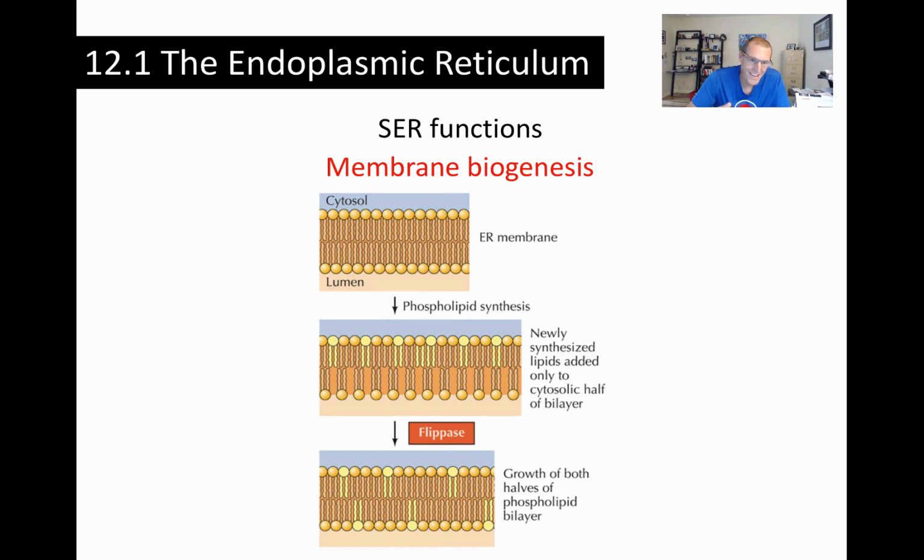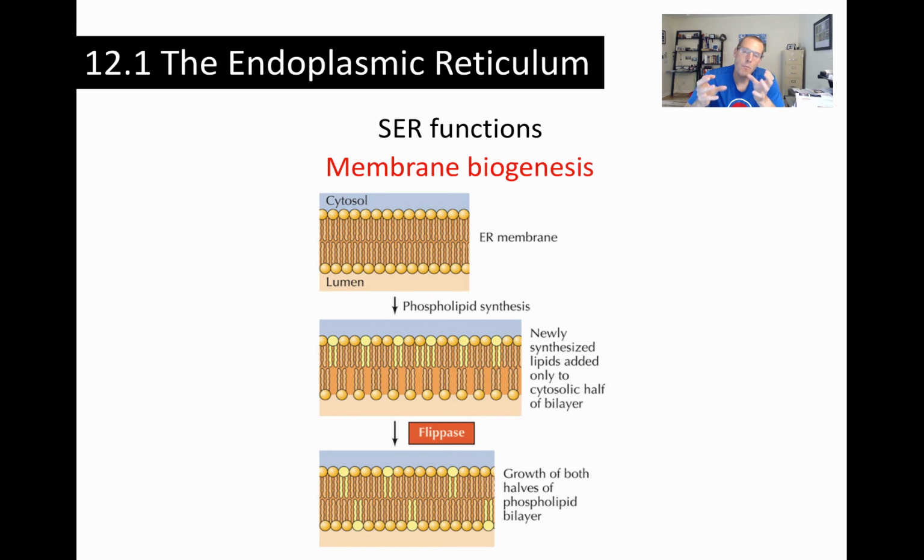So when I say that the smooth endoplasmic reticulum is important in membrane biogenesis, as always in biology, remember there are lots of exceptions to some of these rules, and that's just because of the way that evolution works in biological systems.